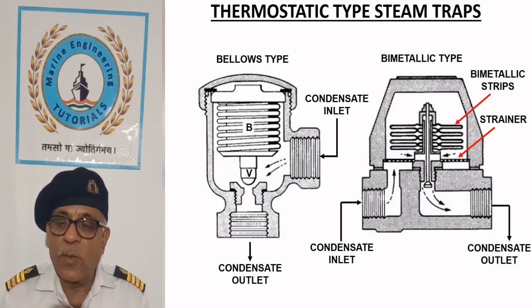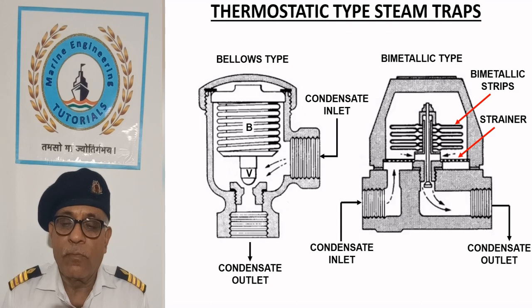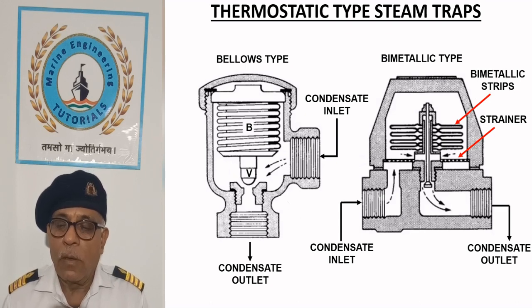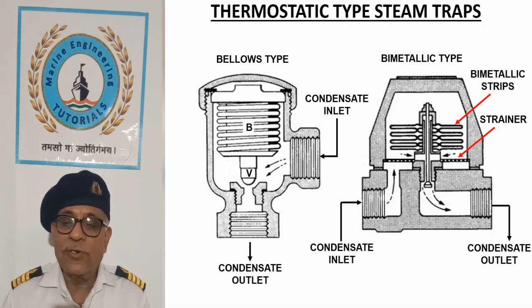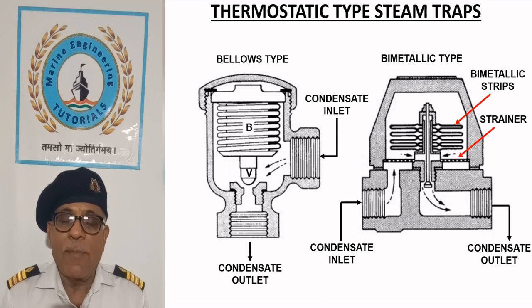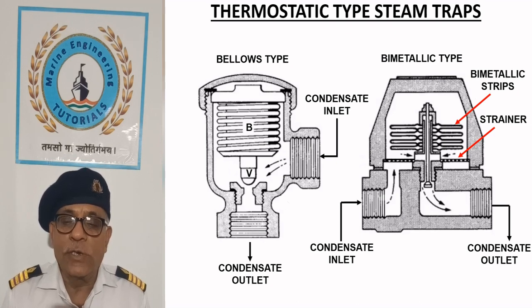Condensate enters from the bottom, passes to the strainer, flows around the spindle and finally leaves from the bottom. As the steam approaches bimetallic strips, their temperature increases and deflection of the bimetallic strip closes the valve.